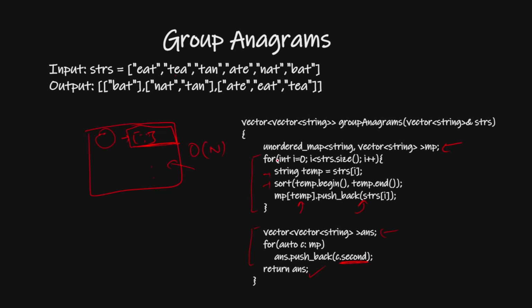For sorting, if the length of a string is L, in the worst case it will be L log L. So overall, the time complexity will be O of n times L log L, where n is the number of strings and L is the length of a string. Building the answer takes O of n.